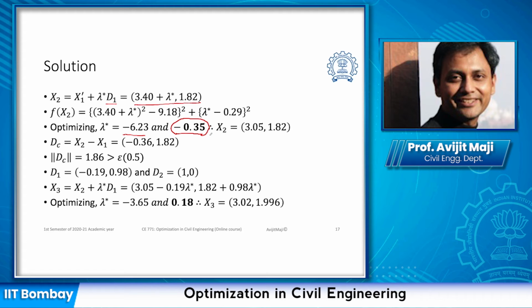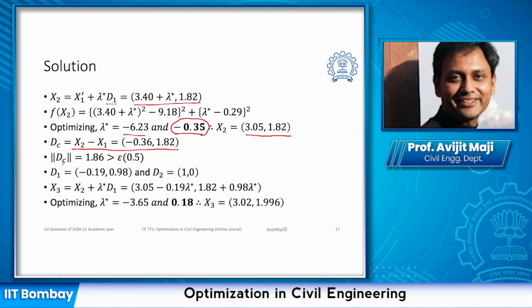Now for this particular point, we'll find that the new point x2 is going to be (3.05, 1.82). So we have 2 points, this one and the x1 point. With the help of that we can always obtain the conjugate direction, which can be represented as this.